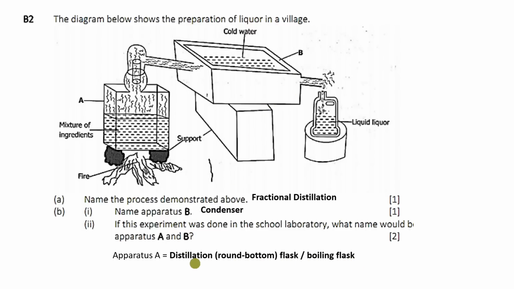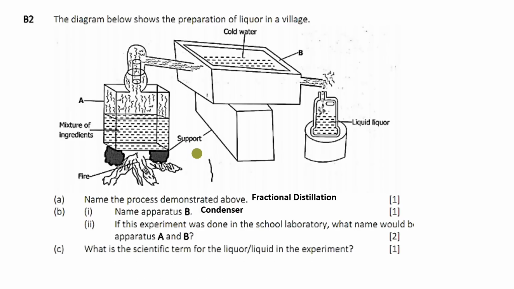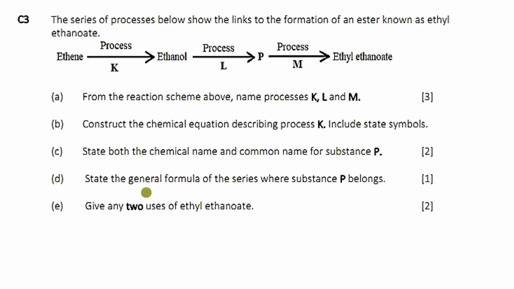Then this one B would be a Liebig condenser. Then we come to C. What is the scientific term for the liquor or liquid in this experiment? So that liquid, I think it's just ethanol.